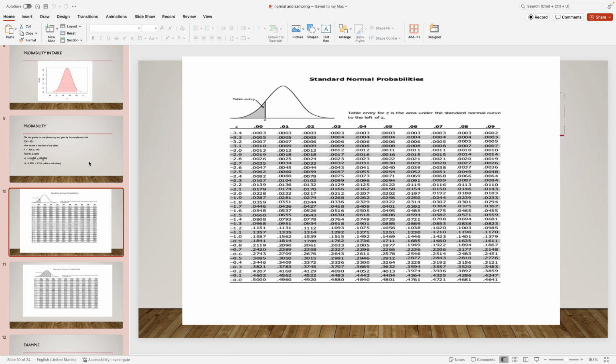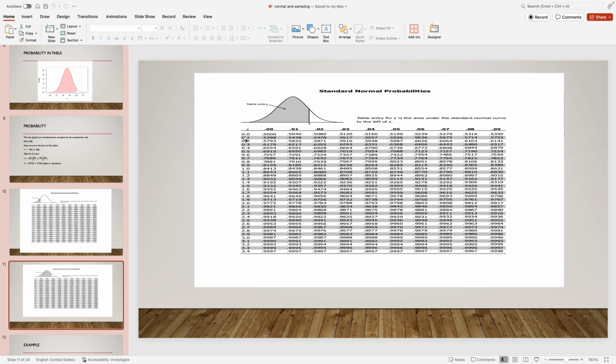Okay, and you're going to look for the first two values of the z, that will be positive. Then you'll go across to calculate the next value of z, and you'll look for the value in this table that corresponds to the z-score here. Okay, so you should have something similar to this in your textbook if you want to use the table.